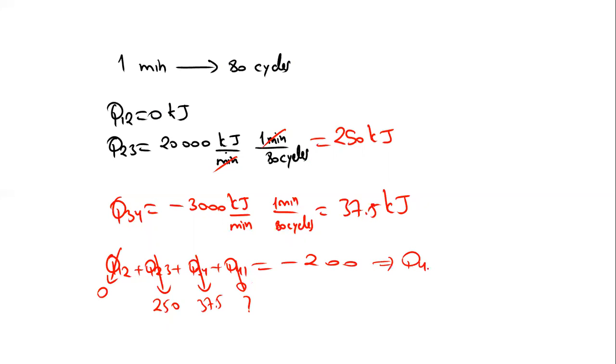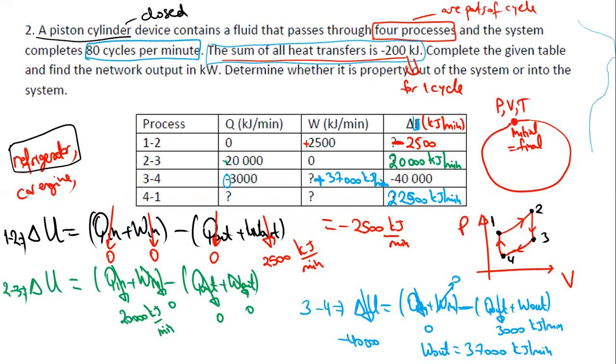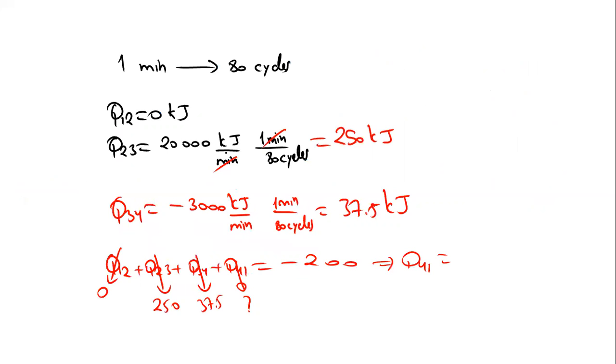So Q41 will be equal to negative 200, minus 250, minus 37.5, with the signs as they are, so it comes to negative 412.5 kilojoules.